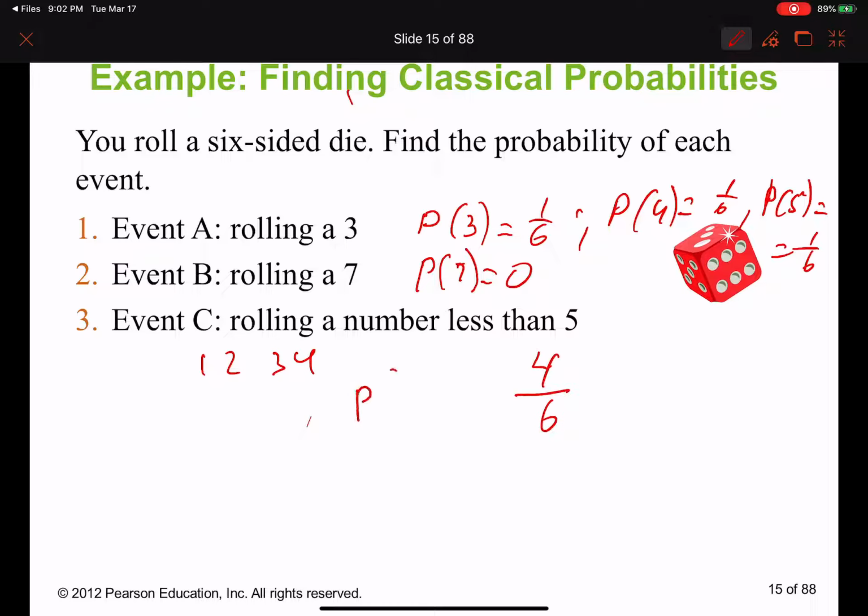So the probability of rolling less than 5 is going to be 4 out of 6, or 2/3. Okay? 2/3 is 0.67, which is 67%. I hope we are doing good.